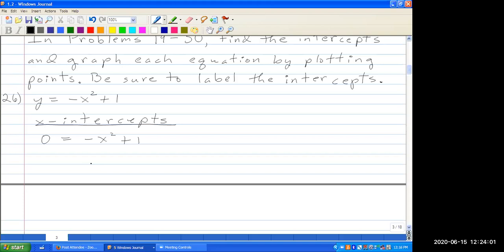I can factor this directly, or I can multiply by -1 and factor it. I'll just factor it this way. So this factors as negative x plus 1 times x plus 1. I have here a negative x squared, minus x plus x cancels, plus 1.